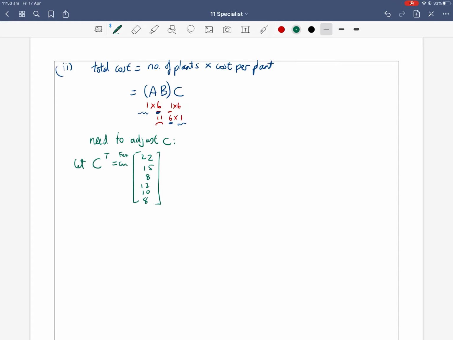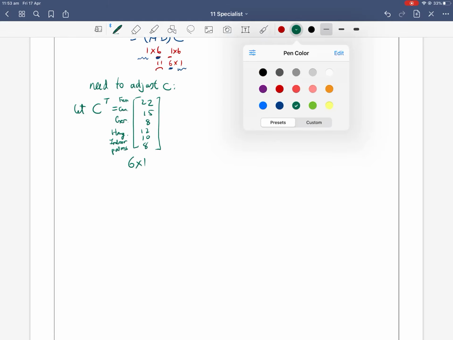So that's the ferns, the camellias, the geraniums, the hanging, the indoor, and the palms. So C transposed is now a 6x1 matrix.